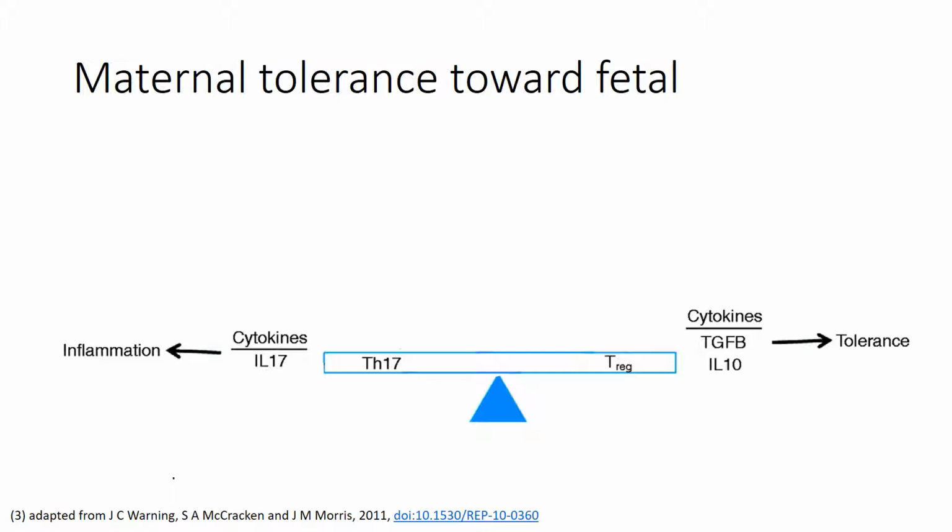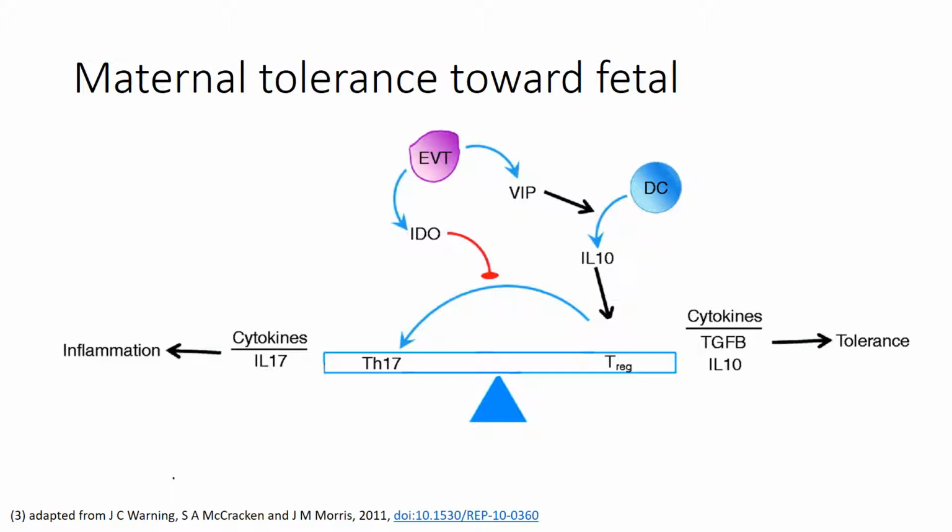During pregnancy, the expectant mother's immune system undergoes various changes to tolerate the fetus. For example, extravillous trophoblasts secrete soluble HLA-G, producing IL-10, thus promoting maternal tolerance.